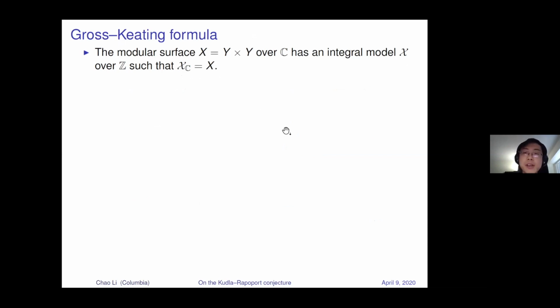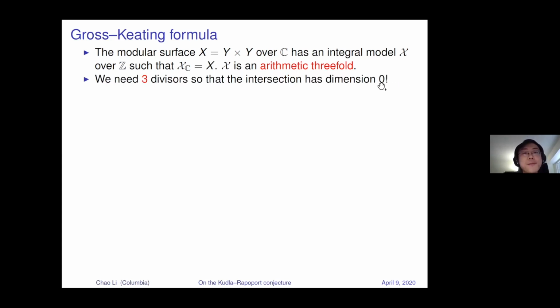The integral model, this curly X, should be viewed as an arithmetic threefold. That's one dimension higher. But anyway, I can still do arithmetic intersection theory on this arithmetic threefold. The only difference is that now I need 3 divisors instead of 2 divisors, so that the intersection has the expected dimension 0.